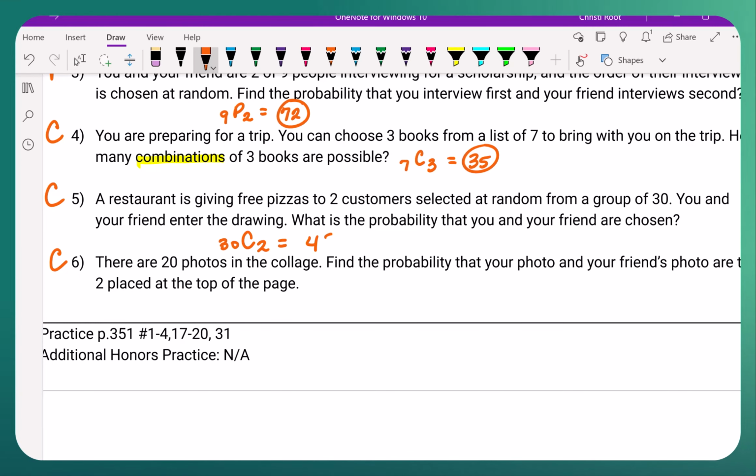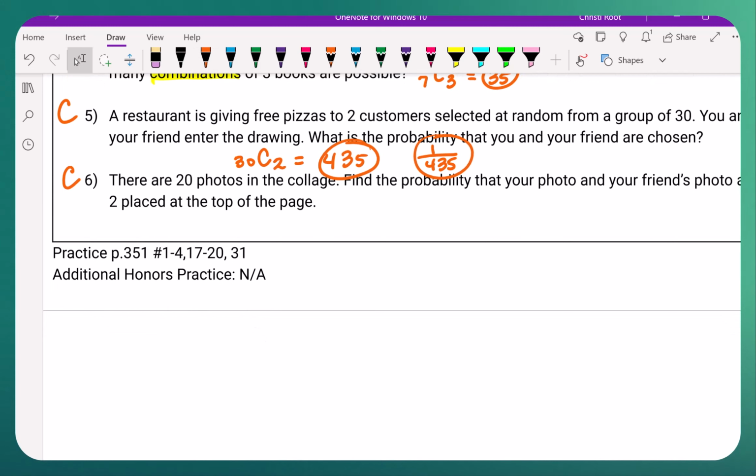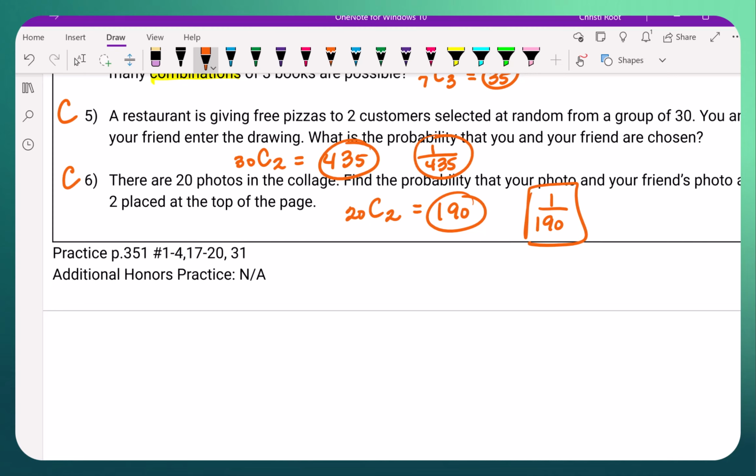There's 435 different ways that you can be chosen, so the probability of you winning is going to be 1 out of 435, you and your friend. Okay, and the last one's going to be 20 choose 2, which is 190, and the probability would be 1 out of 190 possibilities.